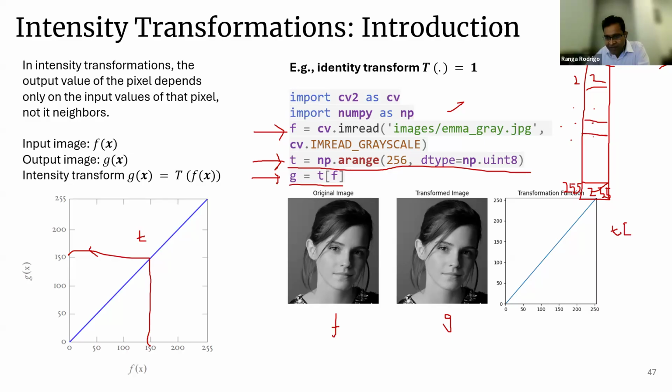Let's take a location like 74. It has a value 74. We have to listen carefully for this. If I say T of 74, what is the value located there? Actually, the value located there in this array is 74 itself.